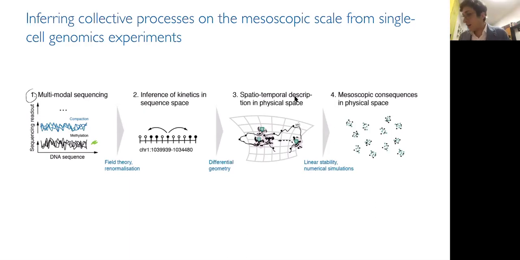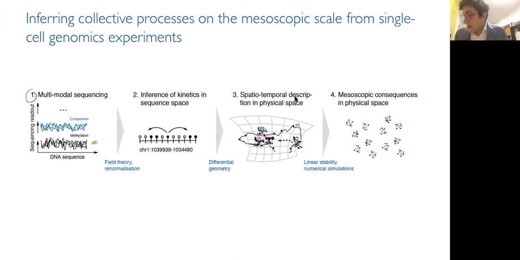Of course, here you already see the interesting consequences that we will have, a description of this process in what we'll call the physical space, but I will define it later. So up to now, let's just focus on the first part, the sequencing experiment and how we can infer the kinetics in sequence space. I think I will only be able to cover the first 2 steps in this lecture.